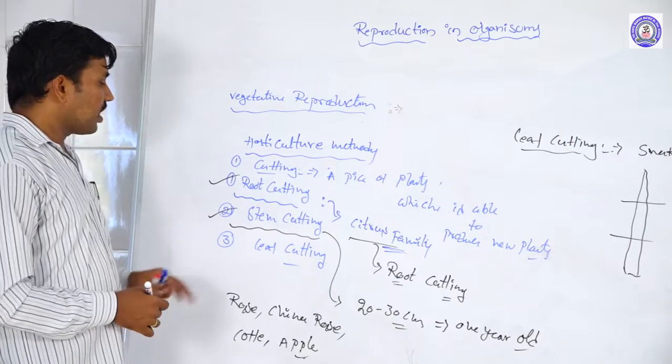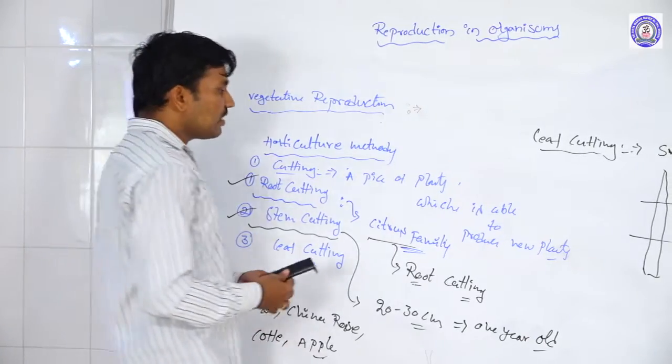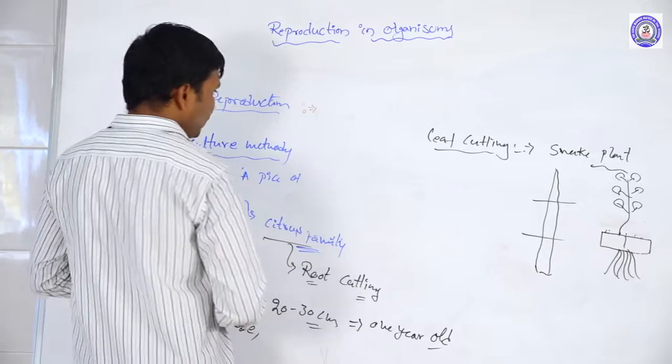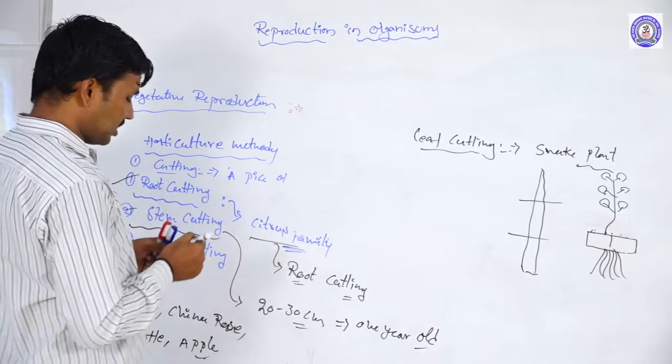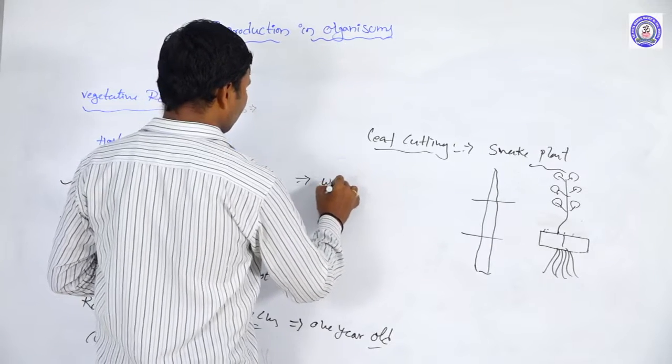Along with this, the water hyacinth is taken in the case of vegetative propagation, though it is not a horticulture method.